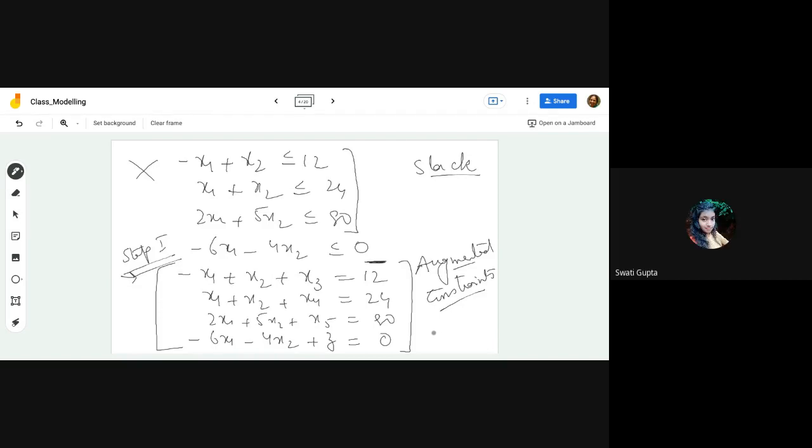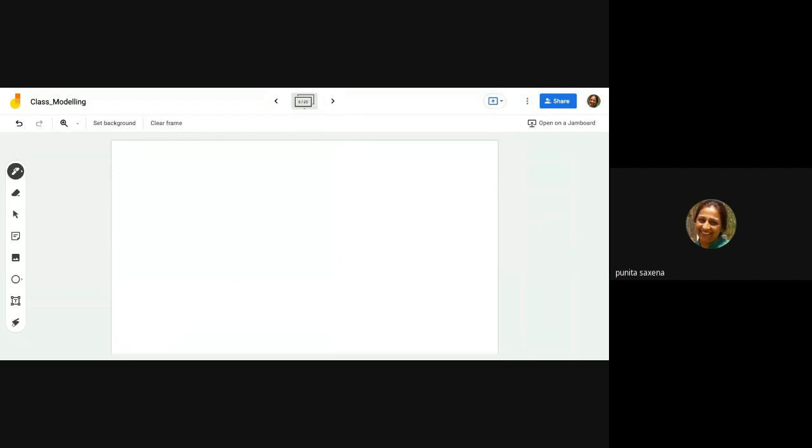Yes. Okay. Now, in step 2, we'll move to the tabular format. In my step 2, I will assume that x1 equal to 0 and x2 equal to 0 is the solution. Now we make a table, which we call the simplex table, in this case the initial simplex table.